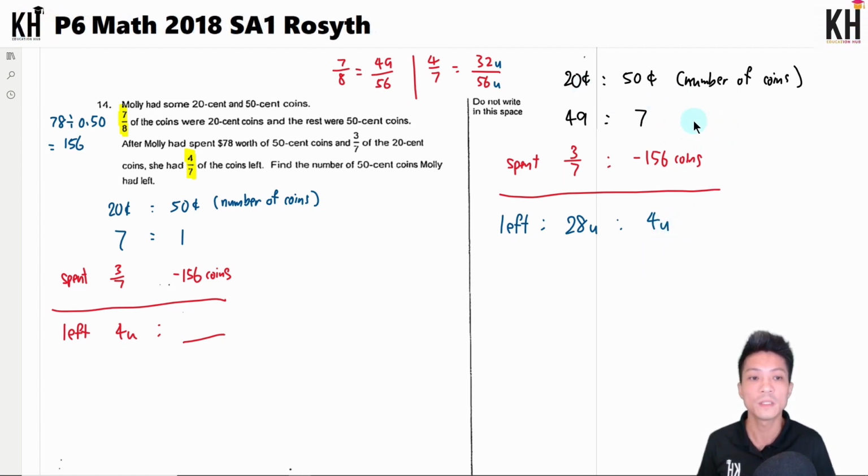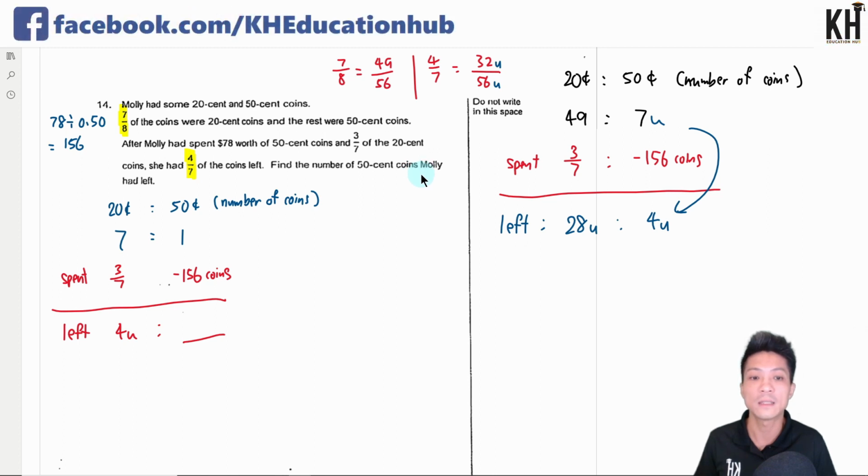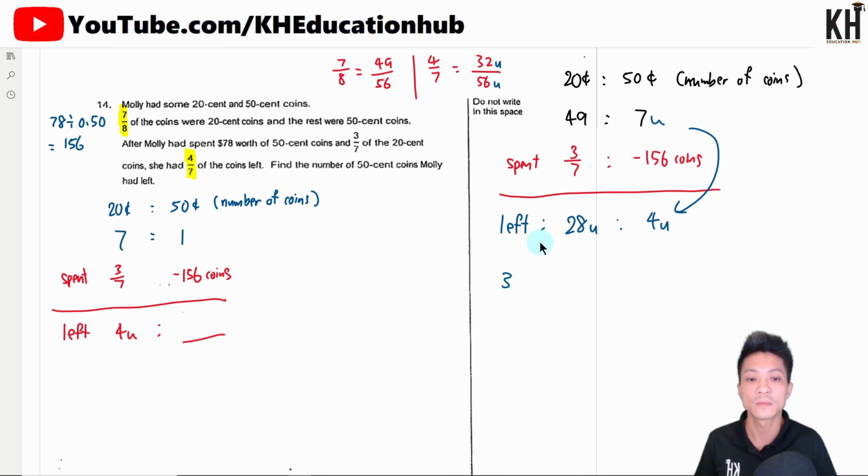Okay, now we have something because from 7 units drop to 4, you can see that there is a 3 units drop, right? Okay, so now we need to find the number of 50-cent coins Molly had left. So from here we know that 3 units is equal to 156.